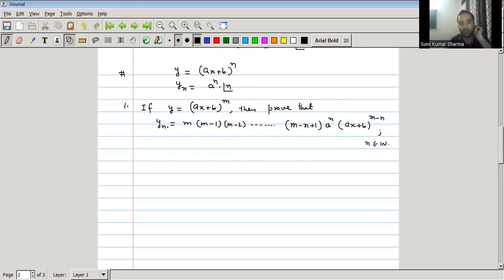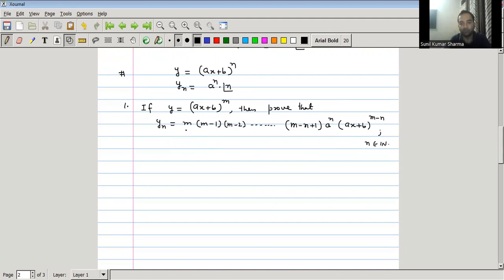If we had to find the mth derivative, we could directly write ym is equal to a to the power m into m factorial. But here we have to find the nth derivative. It may be the same.